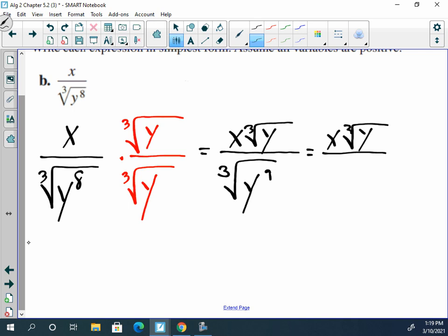So what is the cubed root of y to the 9th? What would that be? It would be y to the 3rd.